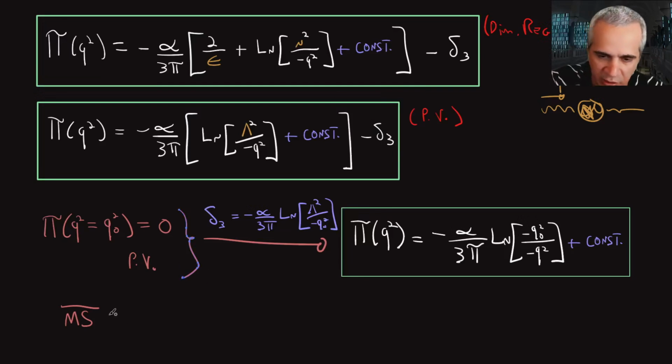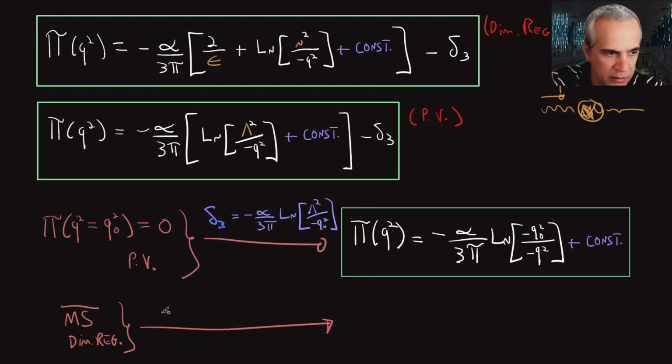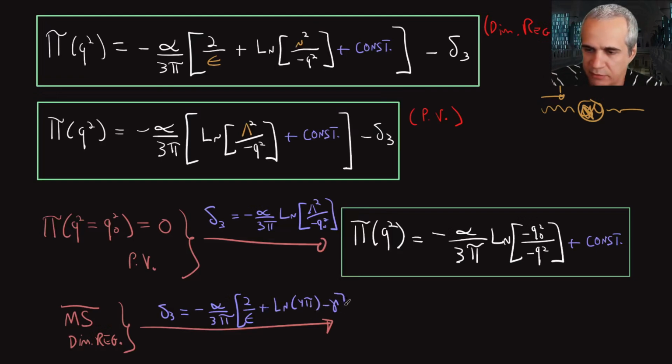So essentially, what I'm saying is in the MS bar, which is applied to the dim-reg version of the function, I'm choosing my delta 3 to be just minus alpha over 3 pi, 2 over epsilon plus the log of 4 pi minus the Euler-Mascheroni constant, right?